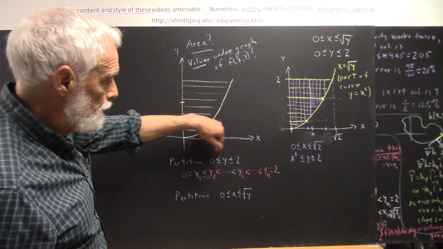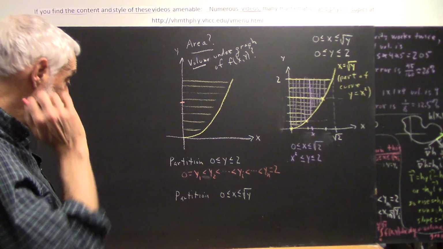That's what we mean by a partition of the interval from y equals 0 to y equals 2.